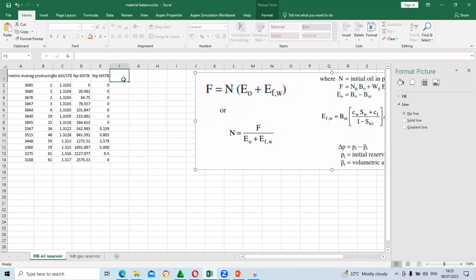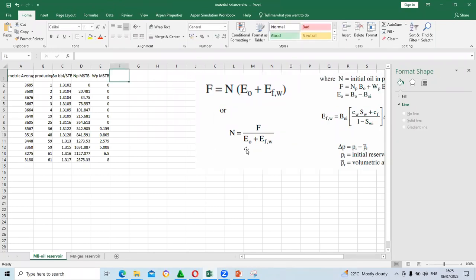So what I'm going to do now is I'll go there. I need to calculate F, I need to calculate EO, and I need to calculate EFW. So I start with F first. What's the formula of F? We have NP times BO.